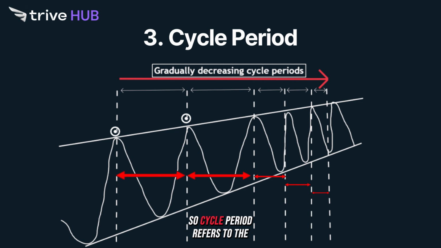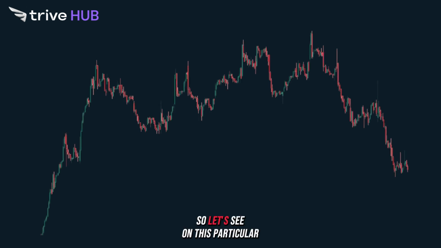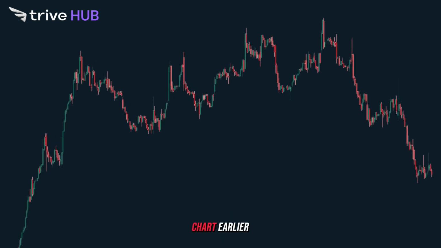Cycle period refers to the duration it takes to complete one cycle in the market. It can be from one swing high to the next swing high, or from one swing low to the next swing low. Let's see this chart.